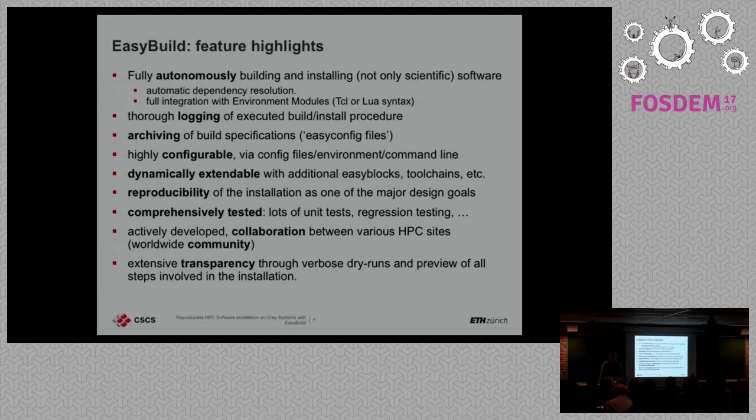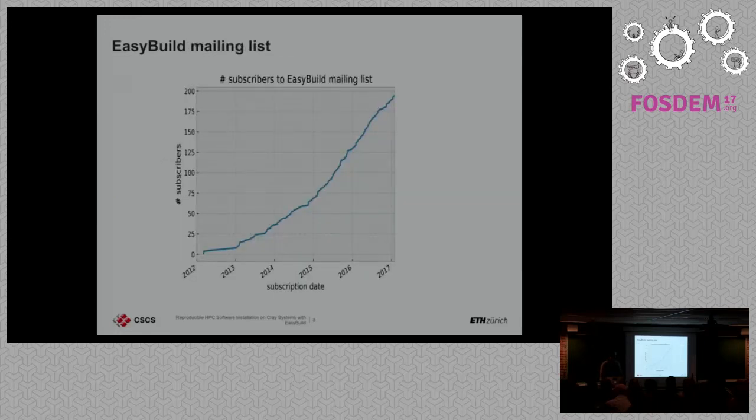So it is tested and it is actively developed. You can just go to GitHub to see that. This is just a graphic to show that the community is sane. It is growing. For the moment it's growing. I think by the moment when it stops growing, you're just going to show the numbers and not the graphs.